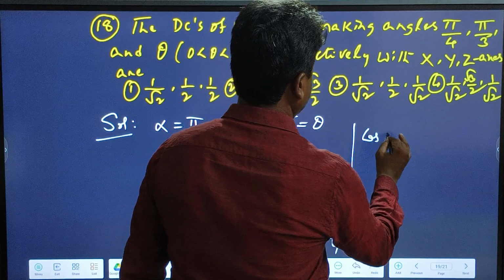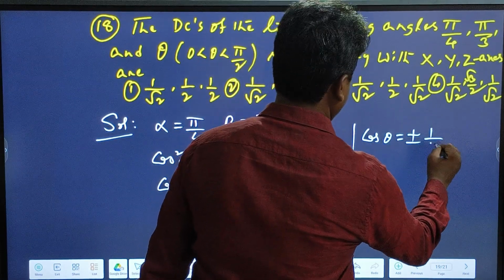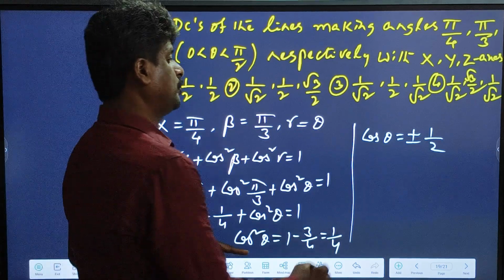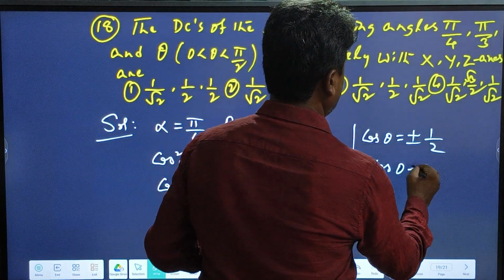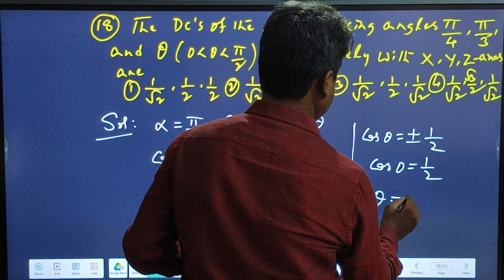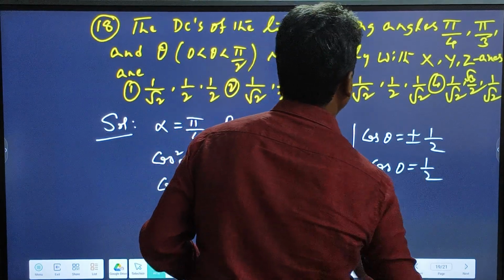Cos theta is equal to plus or minus 1 by 2, but theta lies in the first quadrant, that's why cos theta is positive, that is 1 by 2.